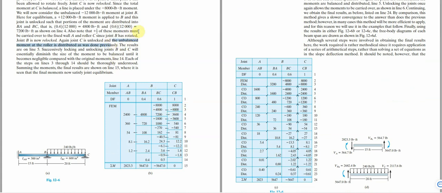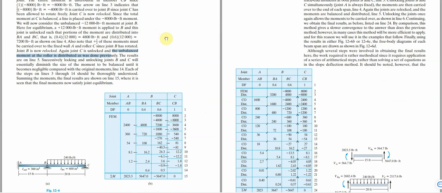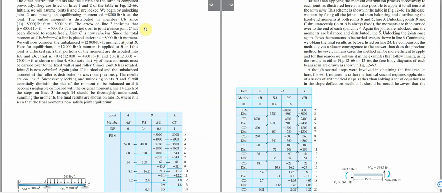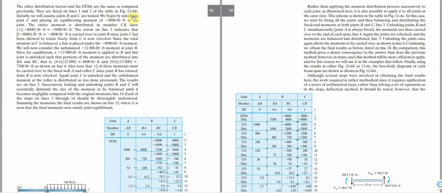Now in this particular scenario, this is another method they are trying to explain to us. It says we begin by unlocking joint C and placing an equilibrating moment of minus 8,000 at the joint. The entire moment is distributed in member CB.